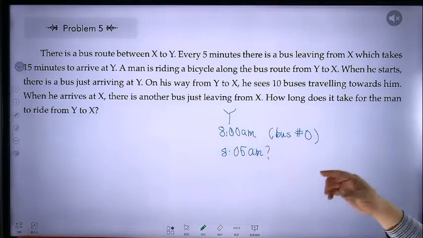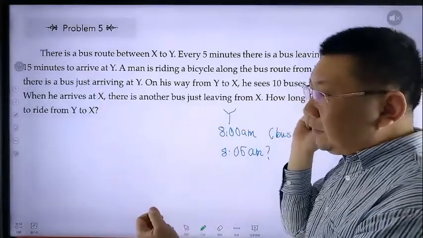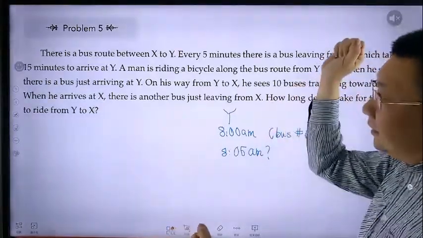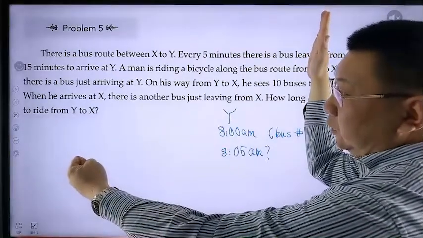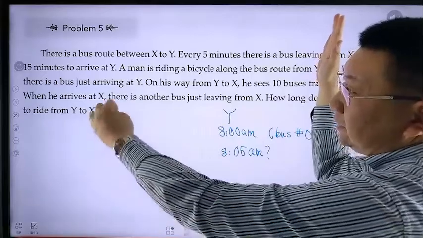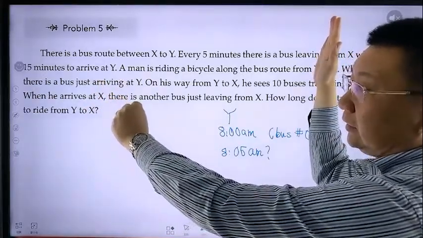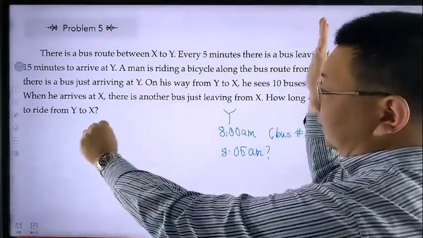If you think carefully, I'm not going to draw a picture, but just think carefully. Suppose I am the person who is riding the bike, and this is station Y. So around that point, there's another bus that is 5 minutes away from me, right? Because the interval between every bus is 5 minutes.